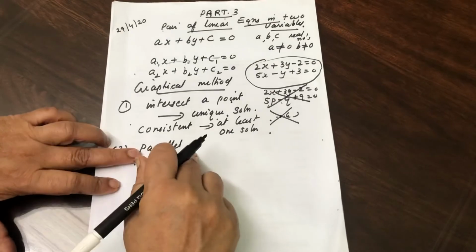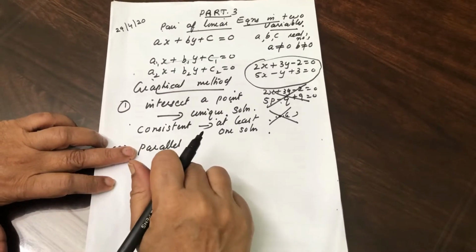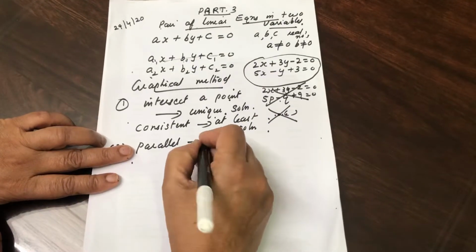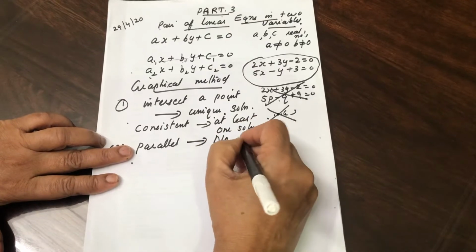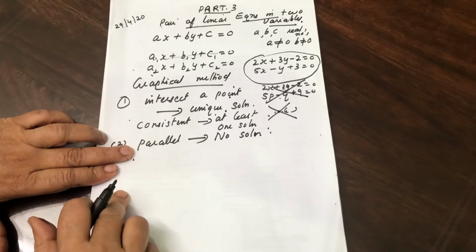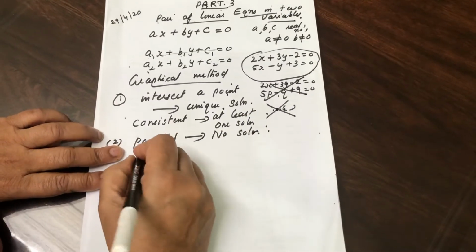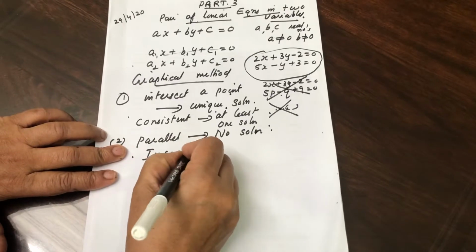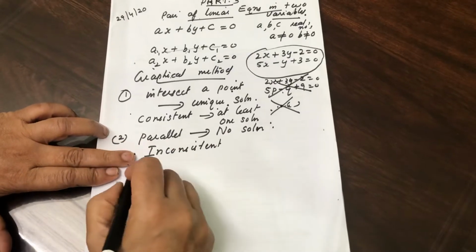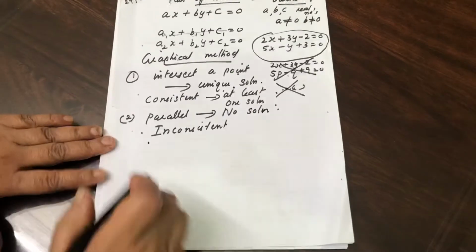You know that parallel lines never intersect anywhere. Therefore, there is no solution for this pair of equations. If there is no solution, the pair of linear equations is said to be inconsistent, because they don't have a solution.